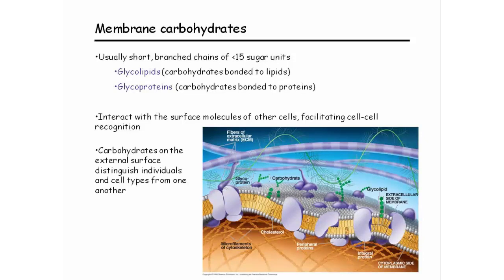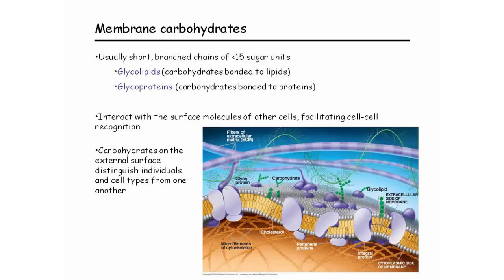What this means is that each cell type has specific carbohydrates that it has on the outside. This helps cells to recognize each other or to distinguish a foreign cell. If you had a foreign cell, then the cells would recognize it as that, and then they could mount, say, an attack against it or an immune response against that particular cell.